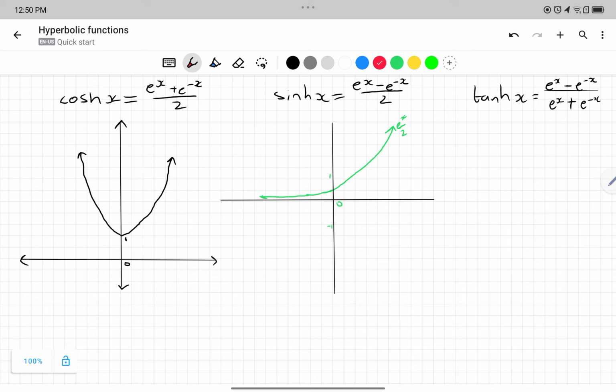And then the other one will be here. So this is negative e to the negative x over 2. Just like they are reflections of each other, right? Almost identical. Almost twins.